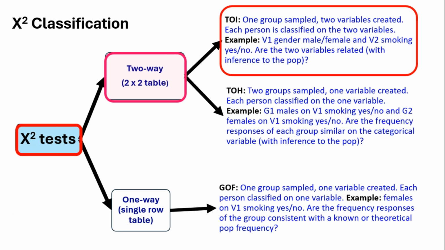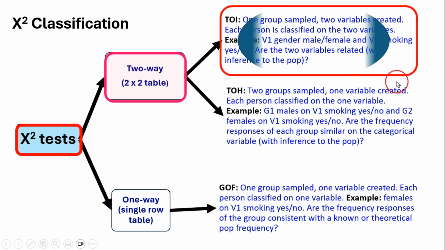That type of setup gives you the two variables for your 2x2 table, and the question that you have is, are those two variables related at the population level? If that is the plan and question for your research, then you would be using the chi-square test of independence.